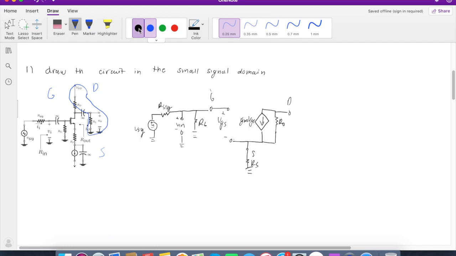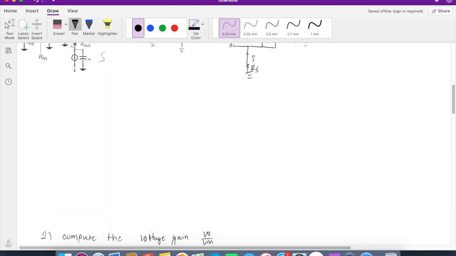So we can simply write this as RL in parallel with RD, V out. With a bunch of practice you should notice right away that they are in parallel.